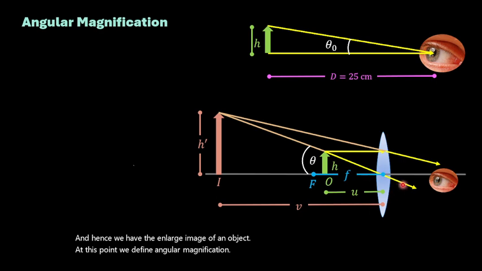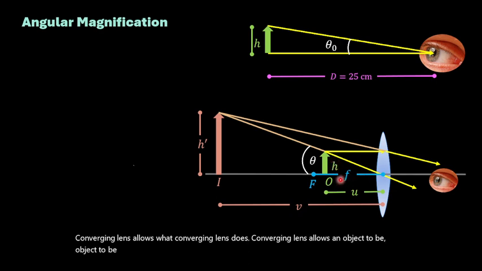What does a converging lens do? A converging lens allows an object to be brought closer to our eye in order to increase the angle subtended and hence be able to view the magnified image of the object.